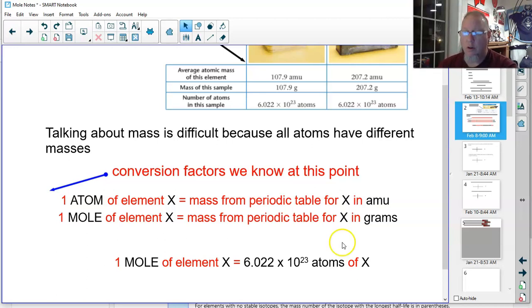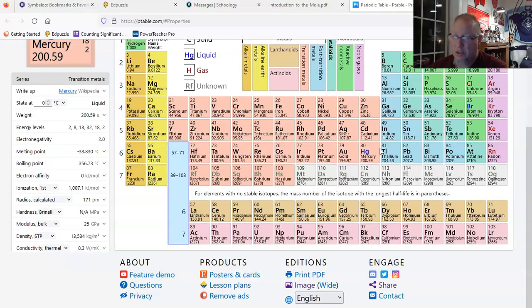So that brings me to your homework assignment. You do have a homework assignment to complete for class tomorrow. It's fairly straightforward. Those are the only 3, strike that. It's not 3 conversion factors. It's 237 conversion factors based on this periodic table, because there's 118 elements on this periodic table.